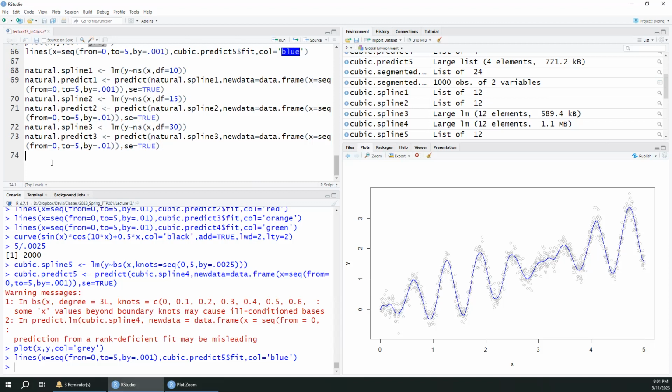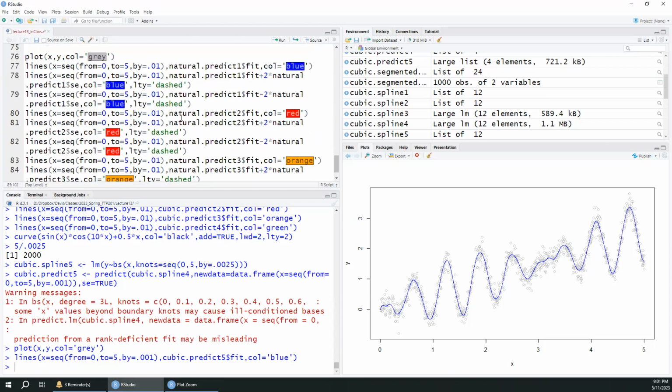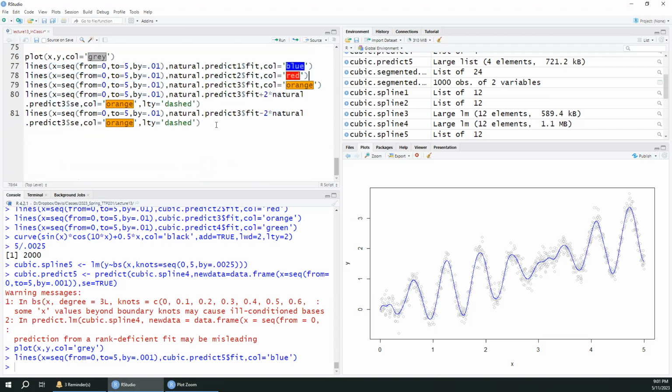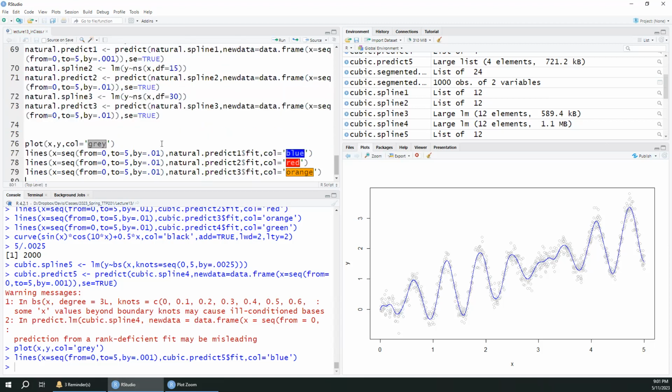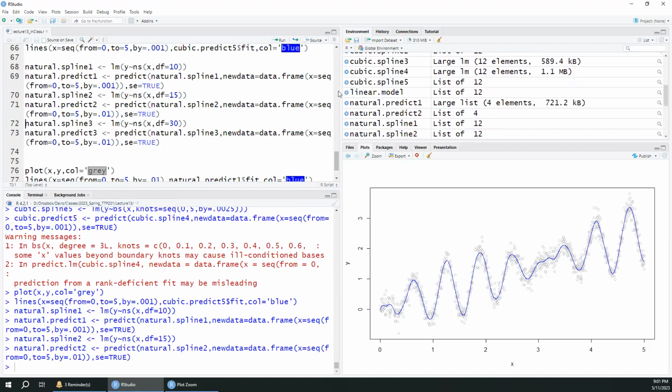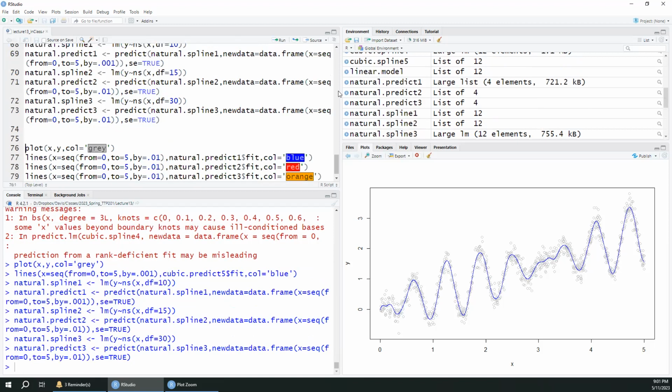Here I'm going to take out the standard errors just for now. We'll do a comparison of the standard errors in just a second. Okay, so if I run all of this code, which is running my natural spline regressions.